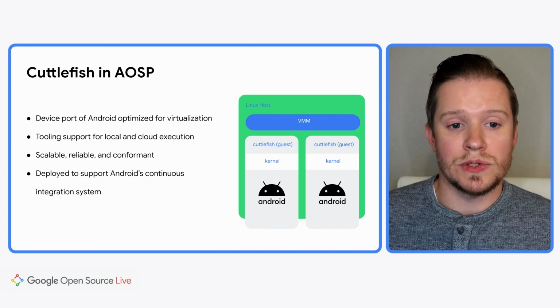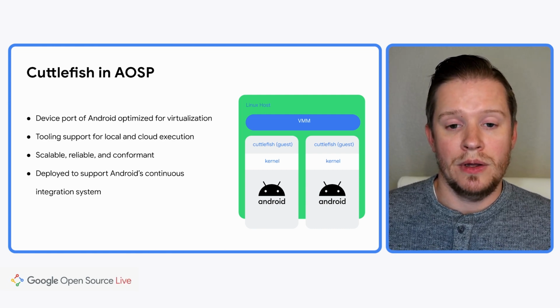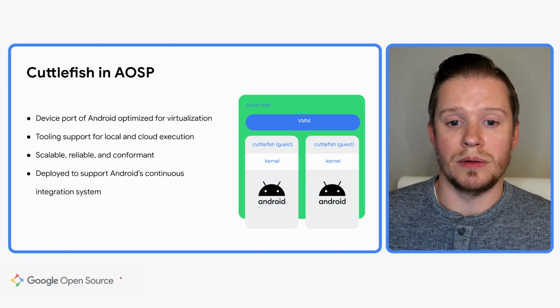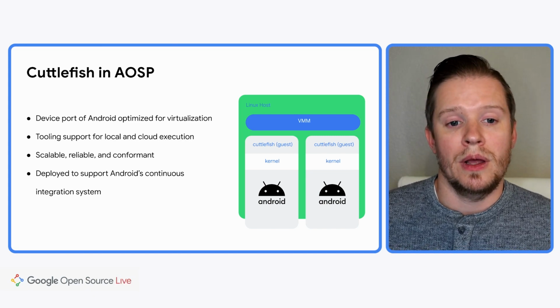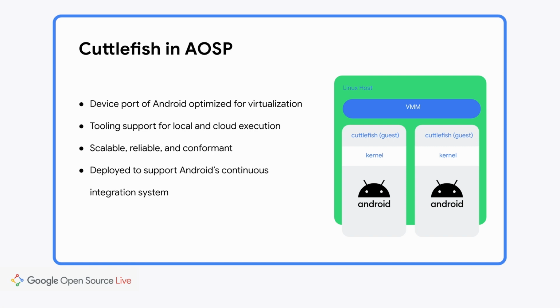So in the diagram, you can see on the right-hand side, we have the Linux host, which is the machine you're running Cuttlefish on. The VMM is the virtual machine manager. That's the virtual platform, essentially. It's providing the features of the Android virtual device. And then underneath that, we can have many of these Cuttlefish guests, which include a whole operating system kernel and Android user space. And the user space builds can be the same.